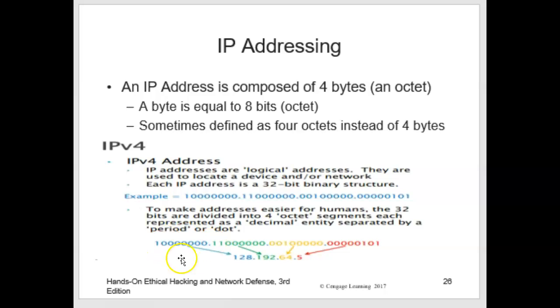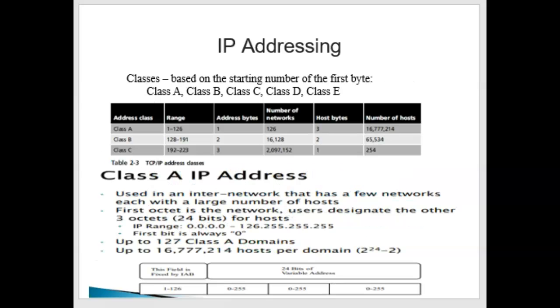So this is called an octet. There are 4 octets in an IP address. And each octet has 8 bits. You see the 8 in green, 8 in yellow, 8 in red. So 8 bits makes up a byte, which is called an octet. And 4 octets make up the IP address.